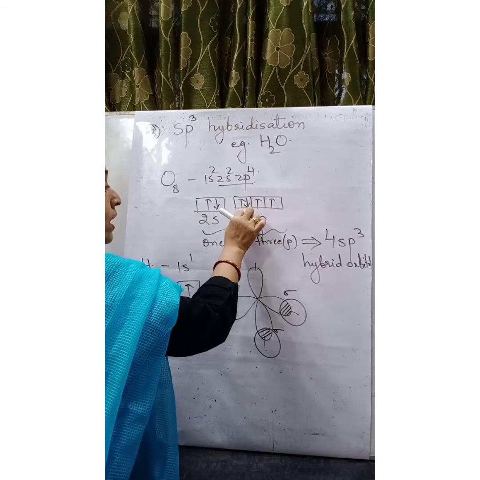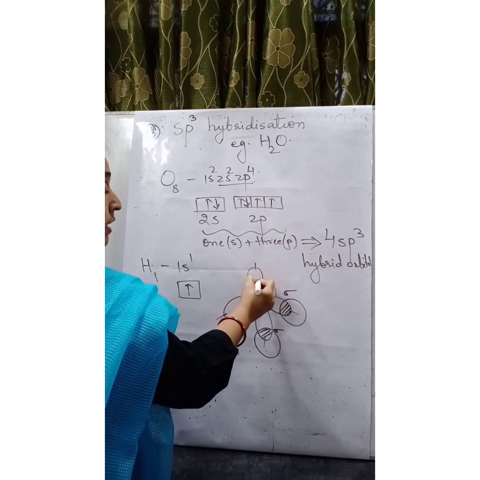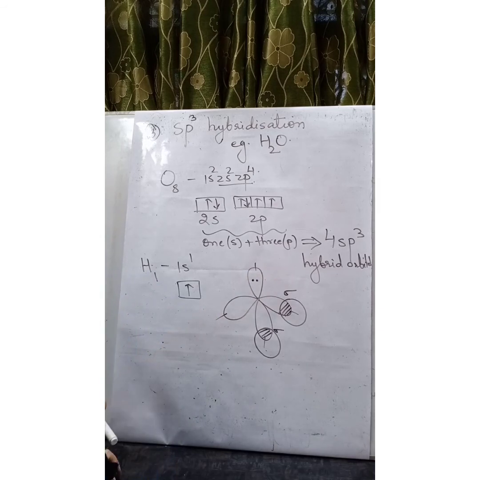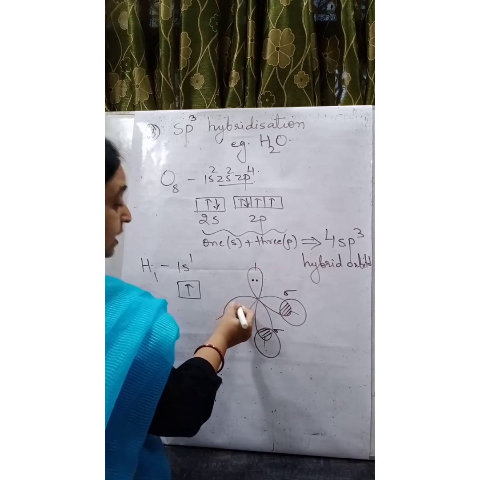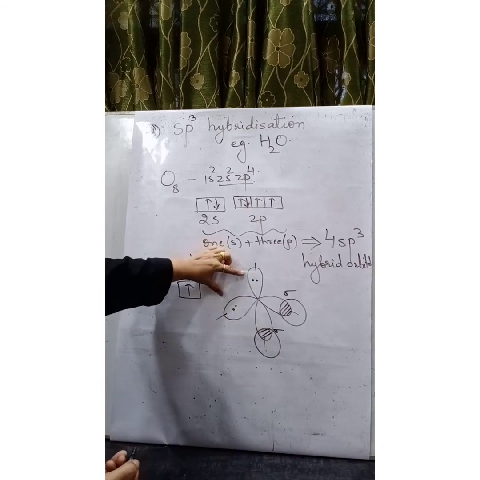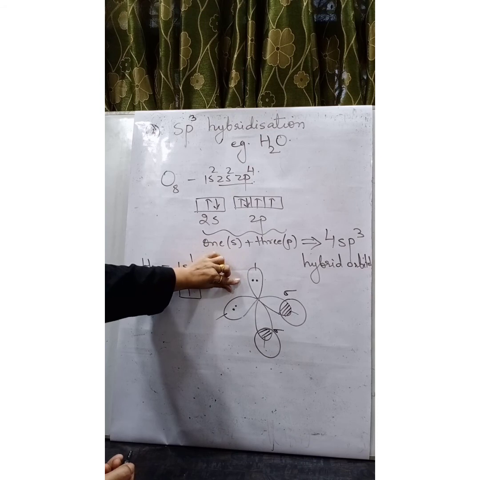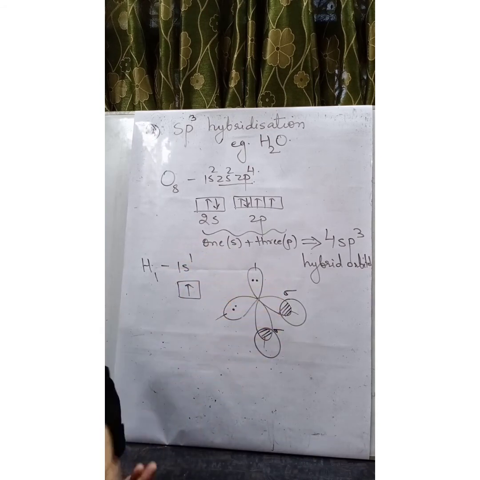Now this is one lone pair and this is another lone pair. So here one lone pair occupies one sp3 hybrid orbital, another lone pair occupies another sp3 hybrid orbital. Now there is repulsion between lone pair and lone pair and lone pair and bonded pair.